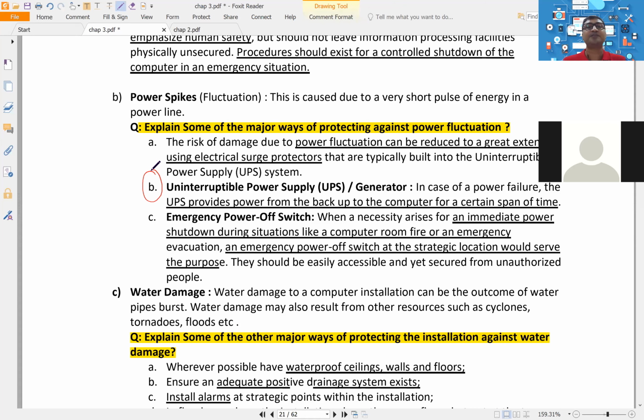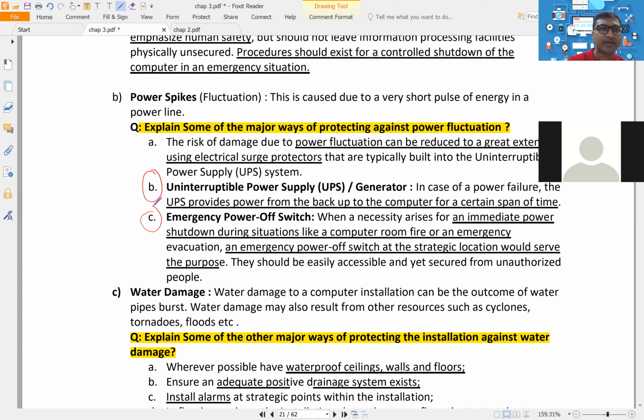If a sudden power failure occurs, but you have a UPS, your computer will get time to save all your work. And most important, if you find any place where short circuits are happening, then you require an emergency power off switch, which will disconnect the power from your facilities, and once the power is disconnected, the short circuit will not happen.